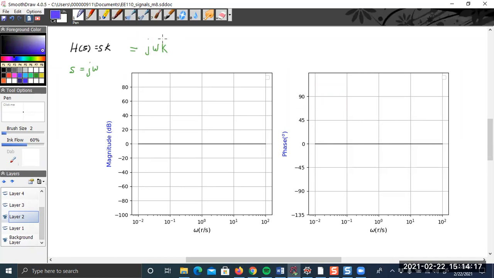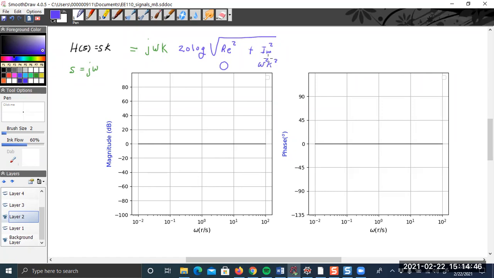Well, it's all imaginary. So we have 20 log of the real part of H(s) and the imaginary part of H(s). There is no real part. And then this is just omega K squared.